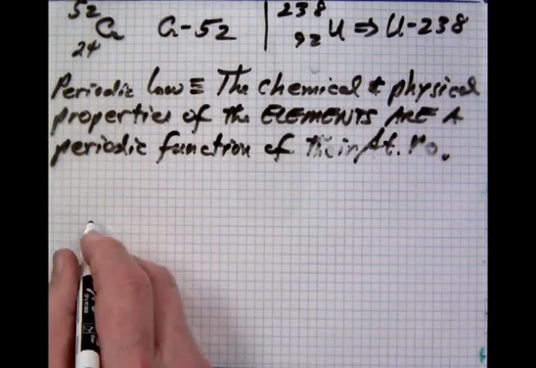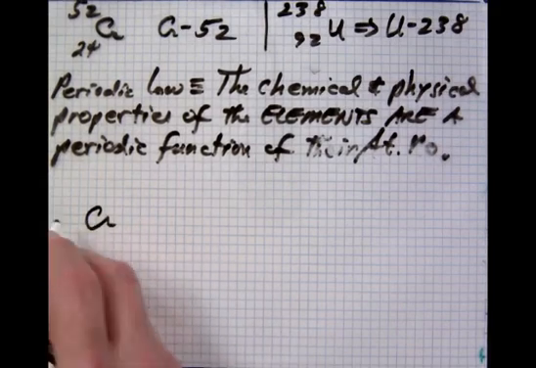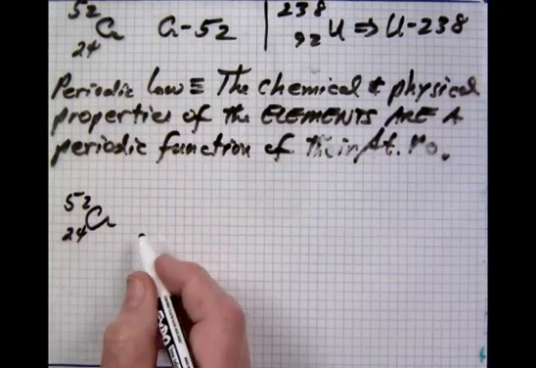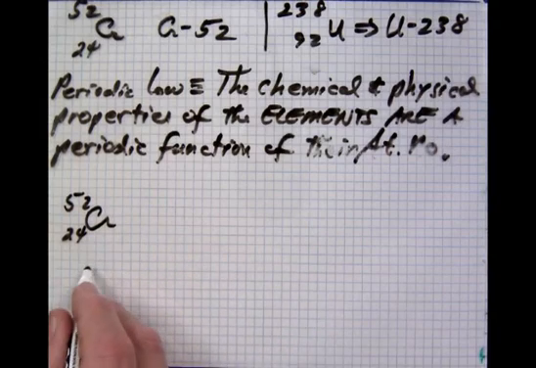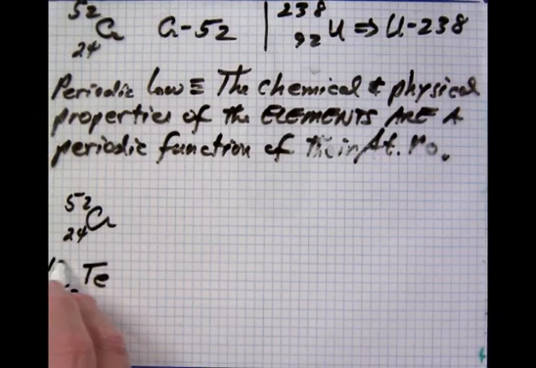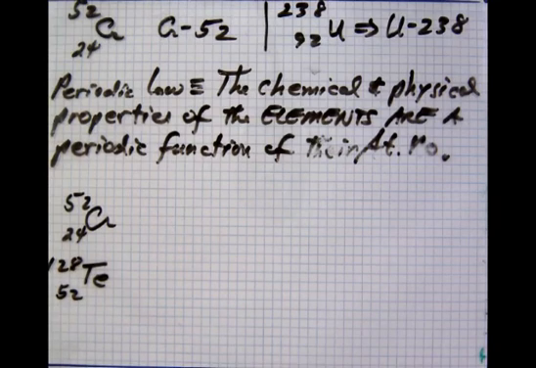Okay, so let's see what we can put together here. Chrome, we were talking about 52 and 24. I'll jump over to tellurium, 128 and 52, like that, and we'll pick plutonium 244 and 94.